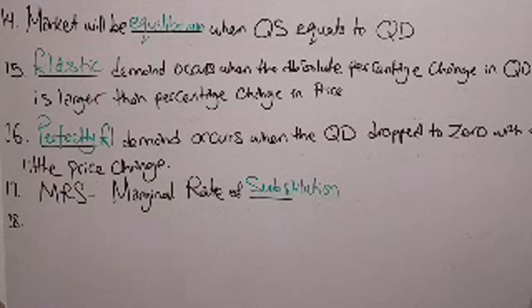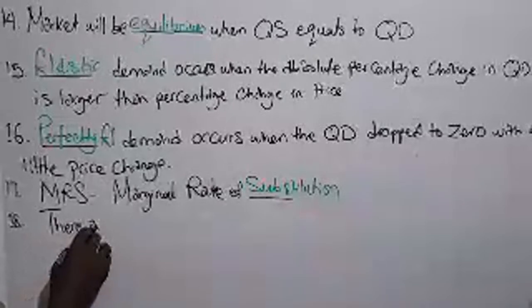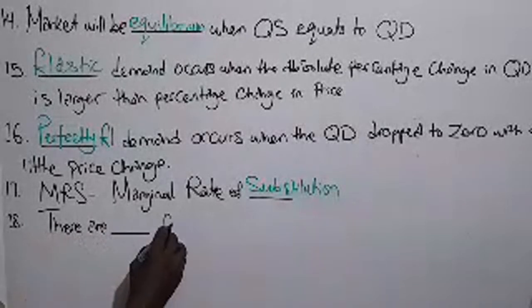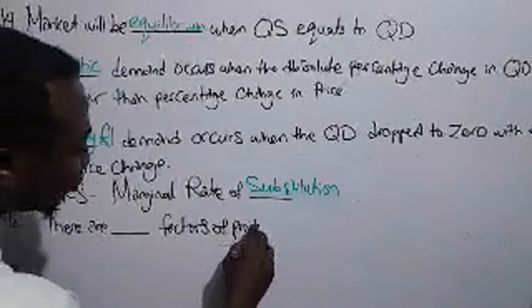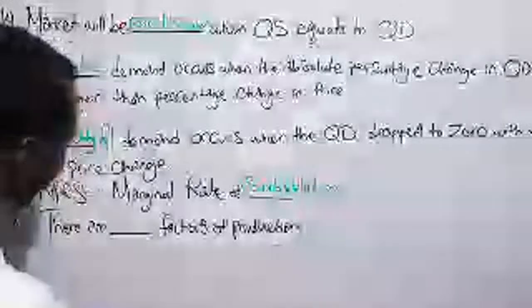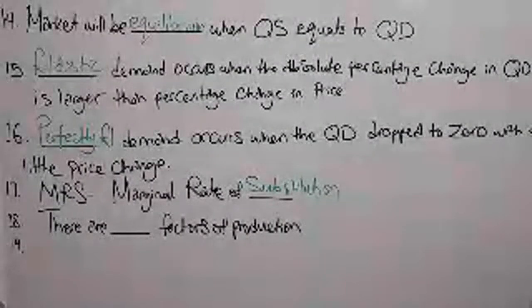There are dash factors of production. How many factors of production do we have?